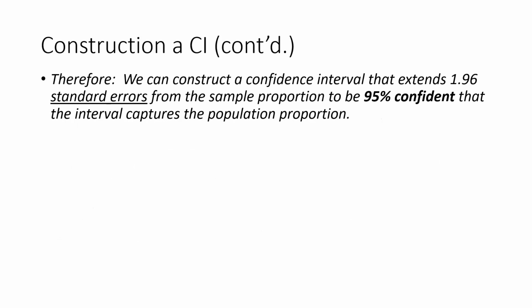Therefore, we can construct a confidence interval that extends 1.96 standard errors from the sample proportion to be 95% confident that the interval captures the population proportion.